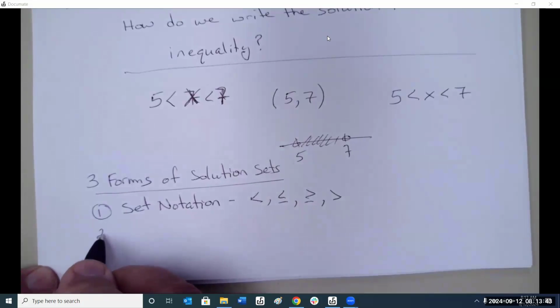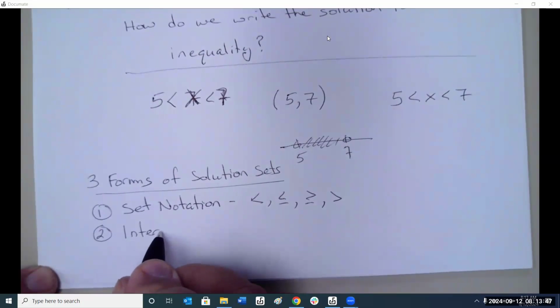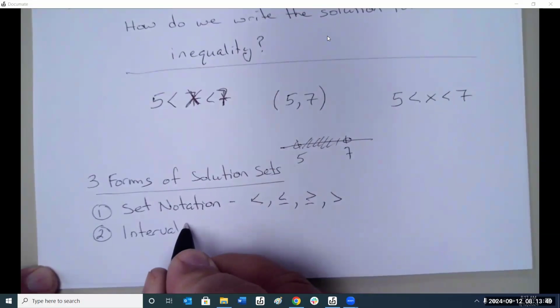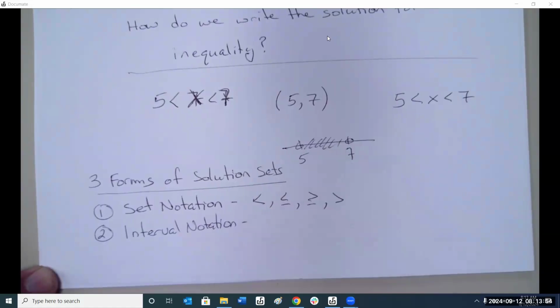The next set, we have the interval notation.